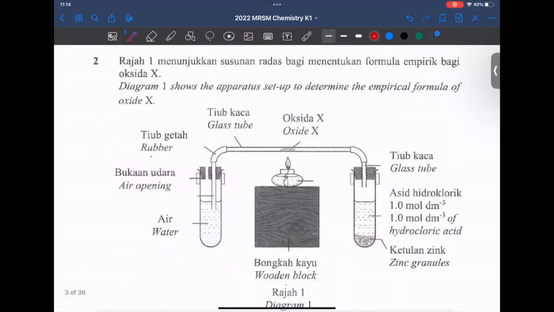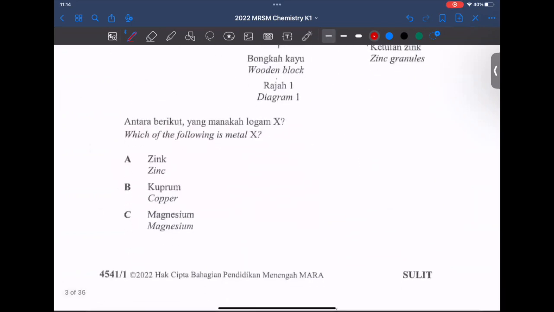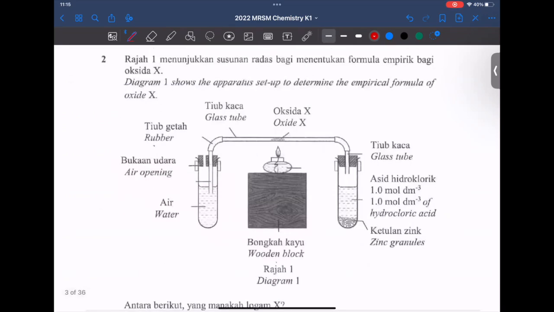Number 2, diagram 1 shows the apparatus set up to determine the empirical formula of oxide X. This is actually a reduction method to determine the empirical formula of a substance. Which of the following is metal X? Remember, we are using hydrogen to remove the oxygen from the metal oxide.